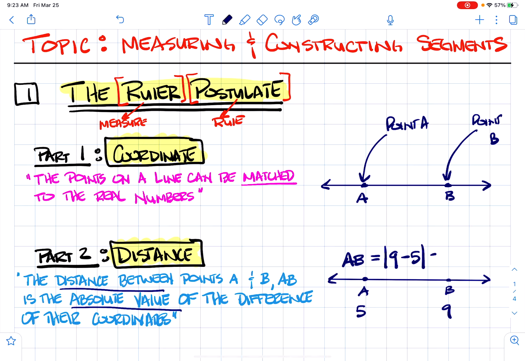So the distance AB is the absolute value of 9 minus 5, which is the absolute value of 4, which is just 4. So the distance is 4 based on the ruler postulate. All it says is that we can match the points on a line to the real number system, and then we can use those real numbers to calculate a distance. That's really all it says for box number 1.